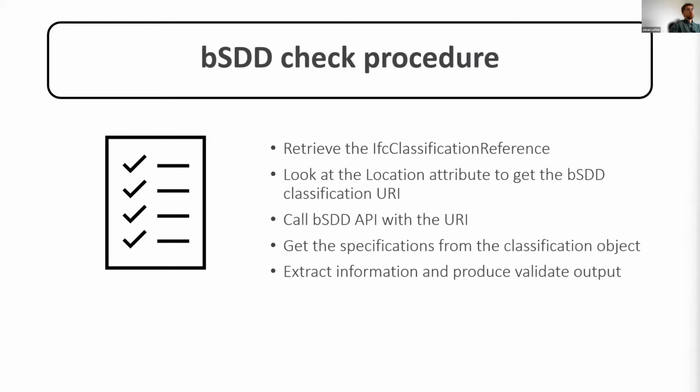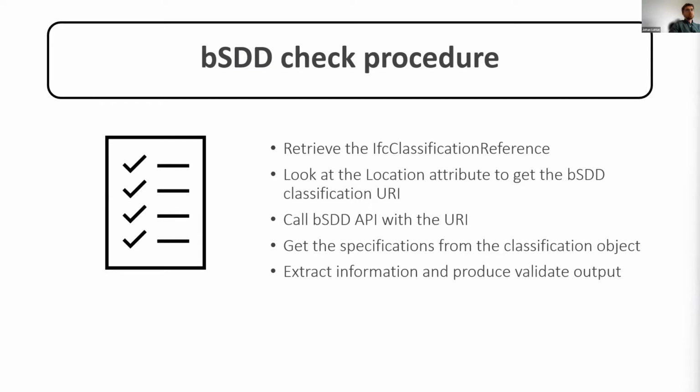So the check procedure for this bSDD in more detail. First you retrieve the IFC classification reference of an instance, and you look at the location attribute of this IFC classification reference to get the bSDD classification URI.